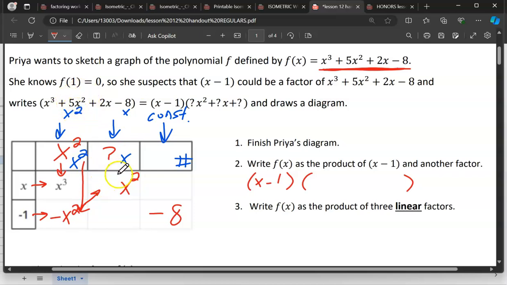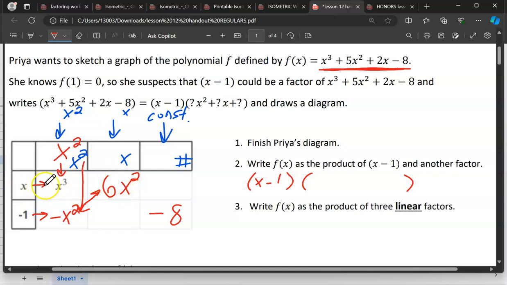So if I have negative 1x squared and I need to eventually get to 5, negative 1 to 5, I need to be adding 6x squared. See, if I check that, negative x squared plus 6x squared checks out. I get my 5x squared. So that I do know for a fact. So I'm asking myself, how did I get 6x squared?